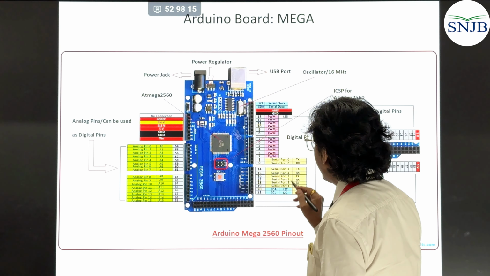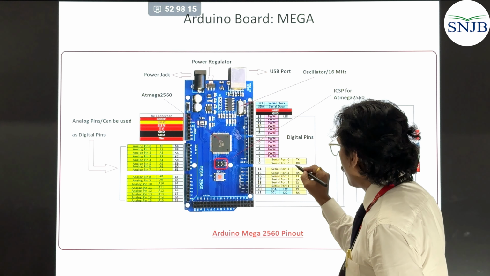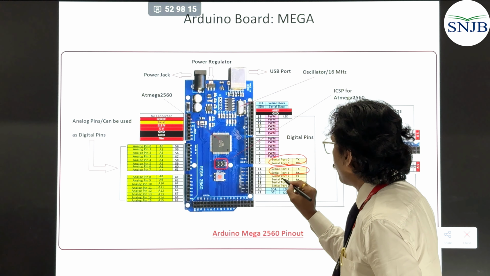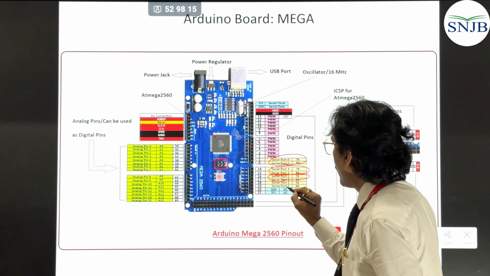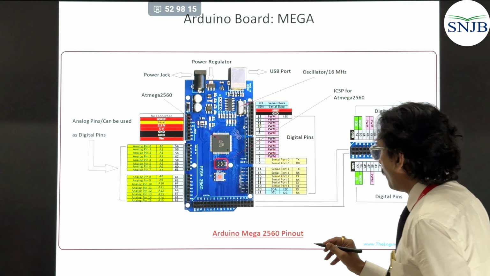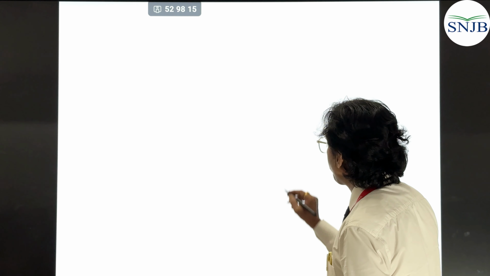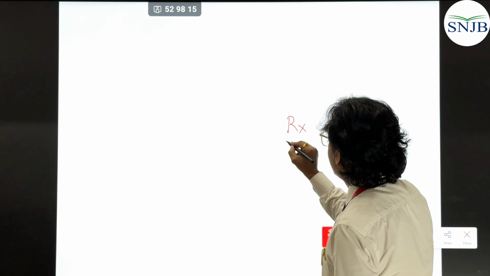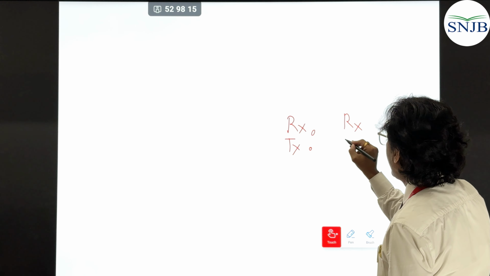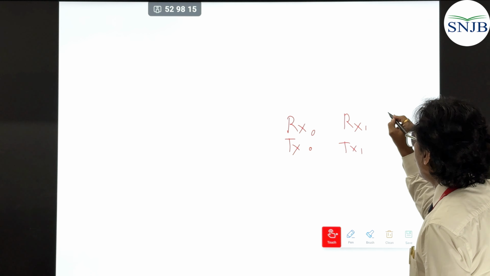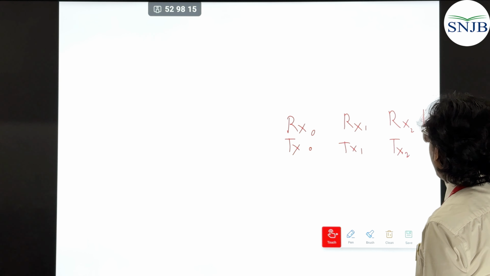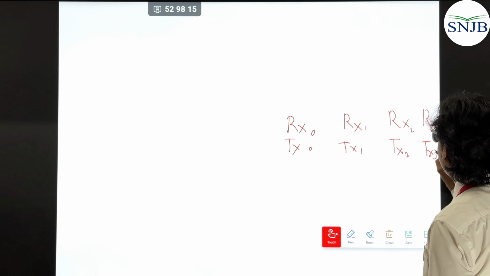Next, there are 4 different serial ports: serial port number 0, port number 1, 2 and 3. Serial port means we have Rx and Tx 0, Rx and Tx 1, Rx and Tx 2, Rx and Tx 3.